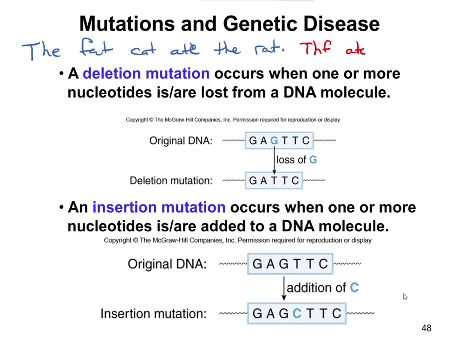Because that's how our genetic code is read. So the fat cat ate. It's even hard to write sometimes, but I think I got it here. So if we take out the E, instead of the fat cat ate the rat, we end up with the tet her at, which makes absolutely no sense, right?